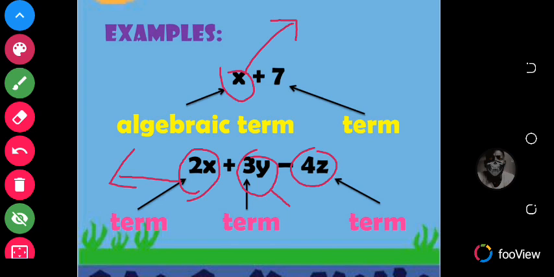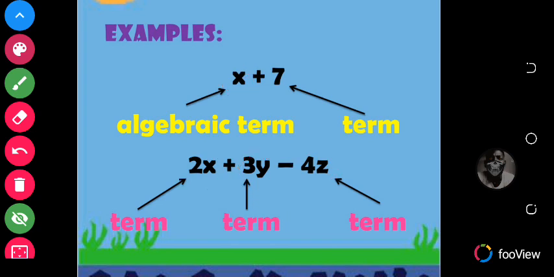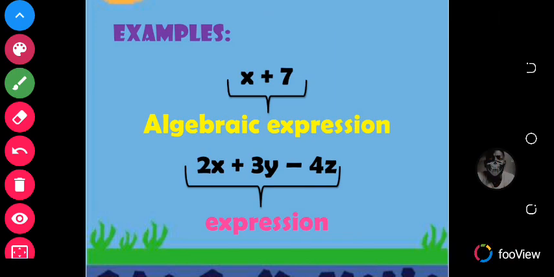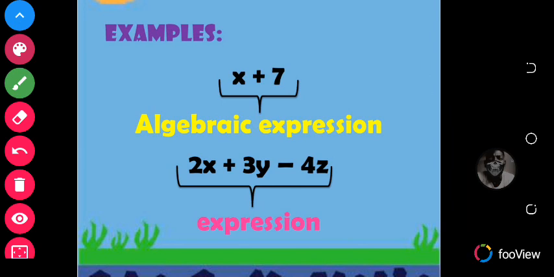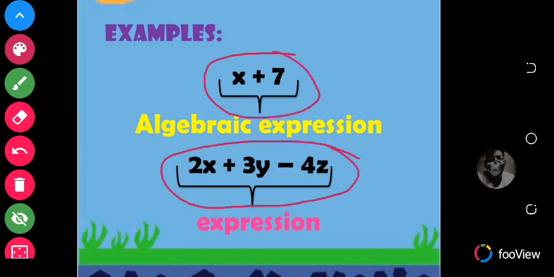What I've circled are all algebraic terms. But an algebraic expression is when you put these terms together to form an expression. So this is an algebraic expression. This is an algebraic expression.